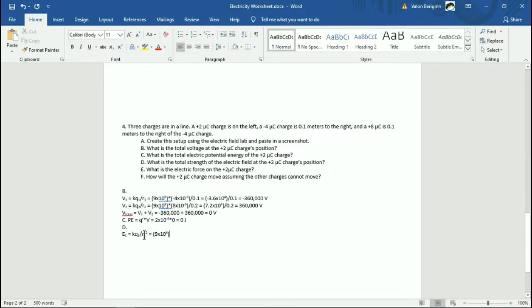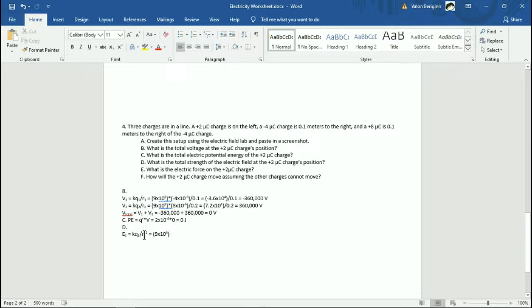Again, you might think, well, wait a minute, the field is like the voltage divided by a distance. So if the voltage is 0, then 0 divided by a number is still 0. Don't do that, okay? Because that only really works if you're talking about just one object. Here, since we have multiple objects interacting with each other, it doesn't really work that way.